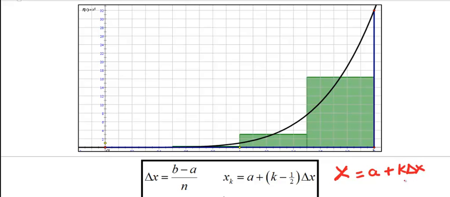But what we want to do is take that and subtract a half of a delta x to move back. So if a is here, then a plus delta x, a plus 2 delta x, a plus 3 delta x, we've got to go back a half of a delta x to get to the middle of that third one. So I factor out the delta x and I get k minus a half times delta x.